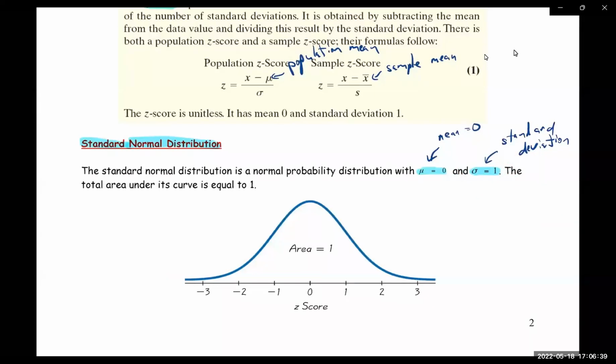The other characteristic of any normal distribution, it doesn't have to be standard, is that the area under the curve is always equal to 1. So the area that I just shaded is always equal to 1.